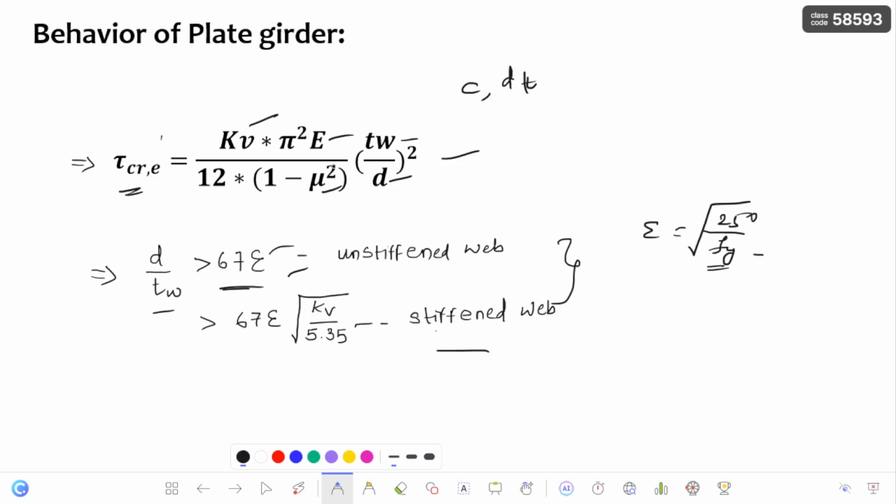So this is regarding the shear strength of the plate girder. The shear strength is generated due to the web. Before initiation of buckling, the strength in the web is nothing but the elastic critical shear stress. Once the elastic critical shear stress is reached, the web starts buckling, and the further strength is due to the tension field action. So this is nothing but the shear strength of the plate girder.